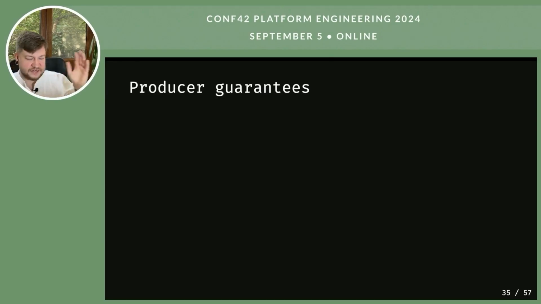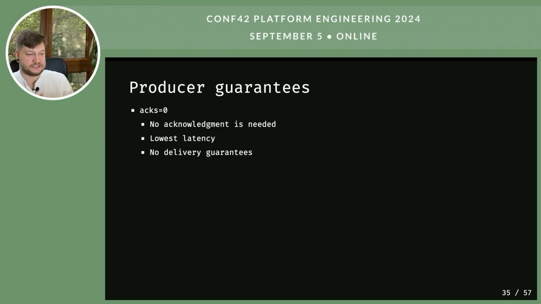There are a lot of settings, so of course Kafka is a quite complex system in terms of how to set it up properly and correctly. But let's speak about the most simple things. We have an acks setting, so that means that when producer writes a message to the topic, we can set this acks setting. If it equals to 0, no acknowledgement is needed. So that means that Kafka leader instance will get the message and say, okay, I've got it, everything is okay.